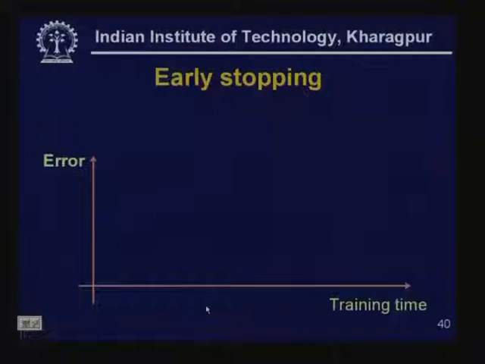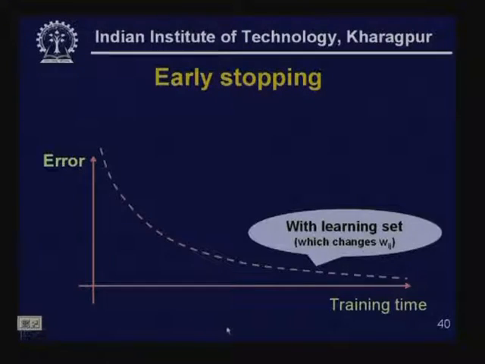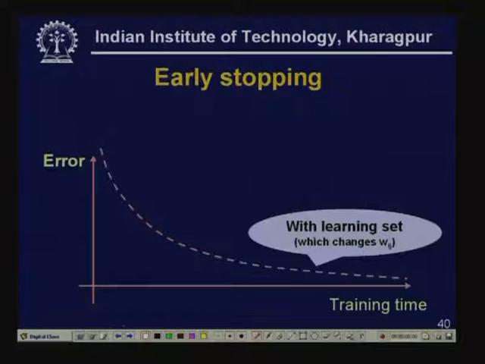Now, normally when we use our training examples which we use for learning, as training time increases, the error reduces, as is shown by this graph. With time, as we train more and more, typically the error reduces.